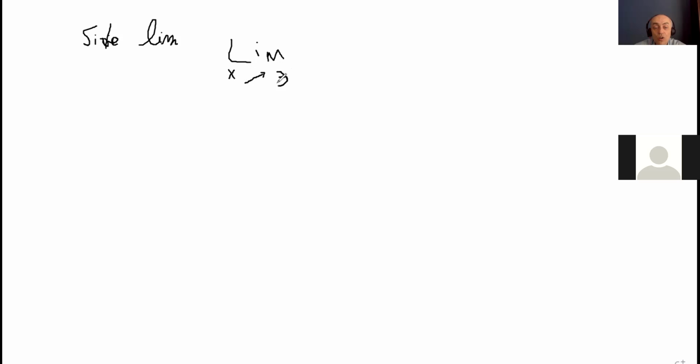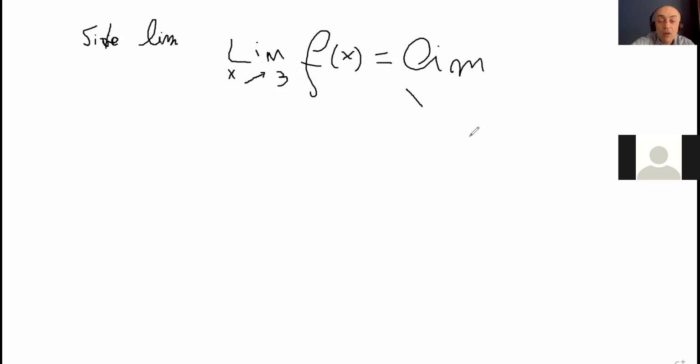That's not really necessary, because in the book they will say limit as x approaches 3, but instead they put an exponent, minus, which means that x is less than 3.